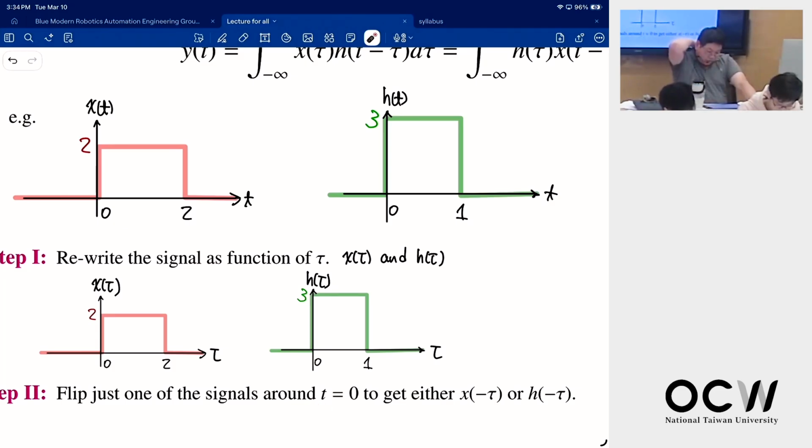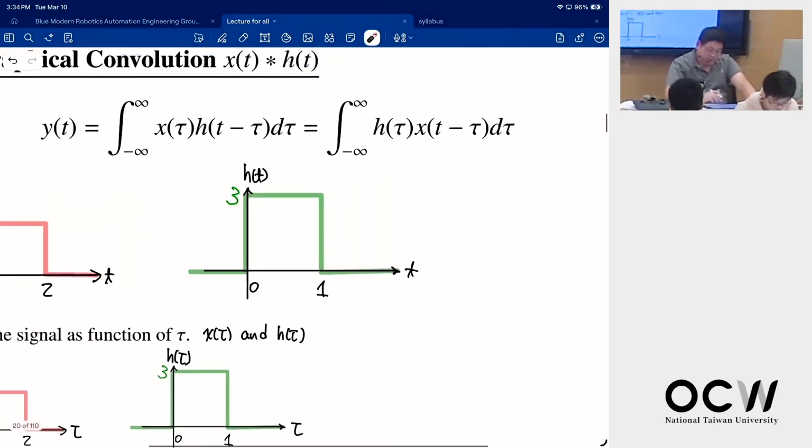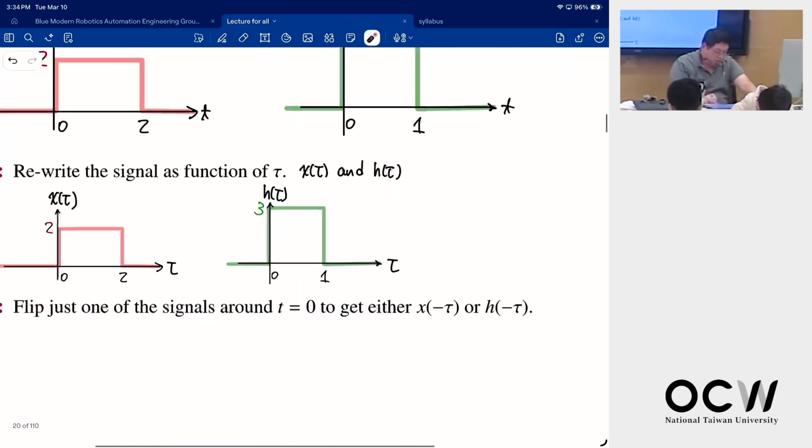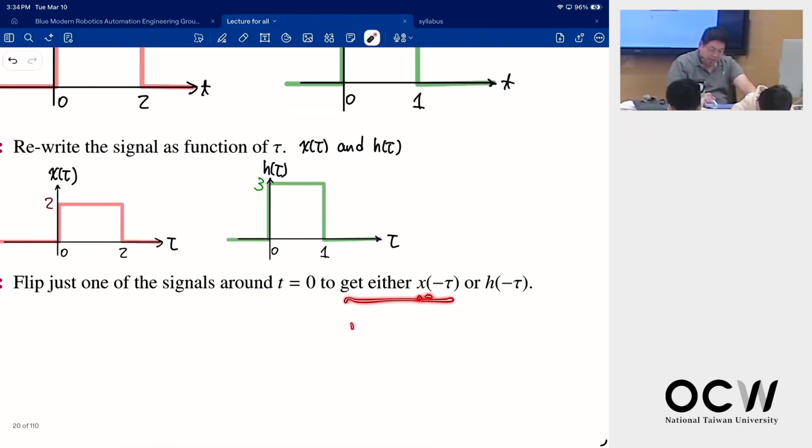Which one would you like to flip? Because here you can also write it down as x. Well, either I flip h or I flip x, to get either x of minus tau or h of minus tau. So that's just flipped h.